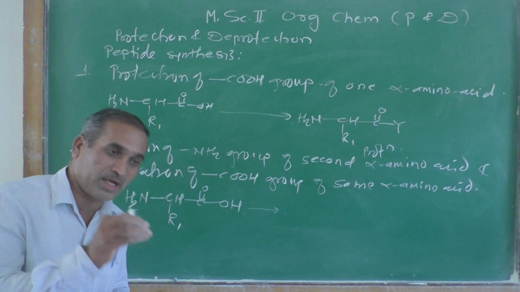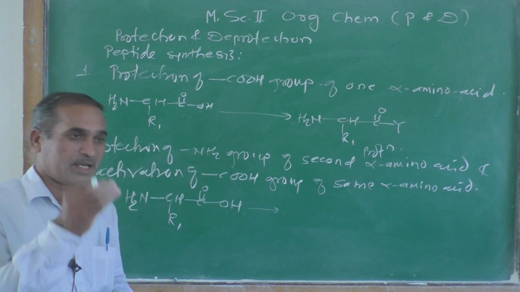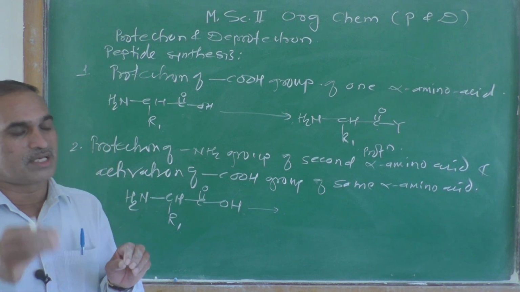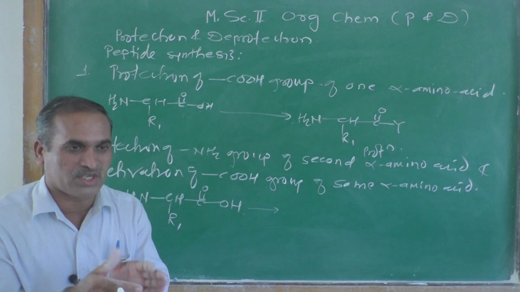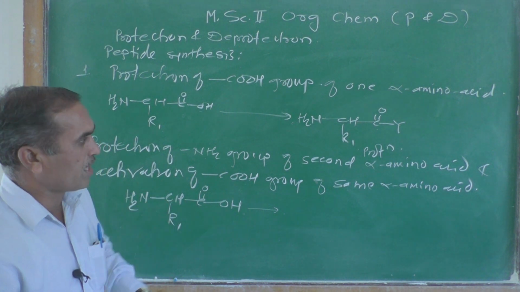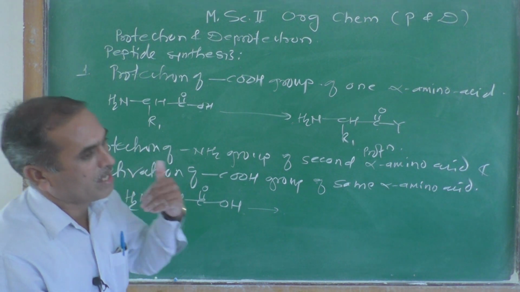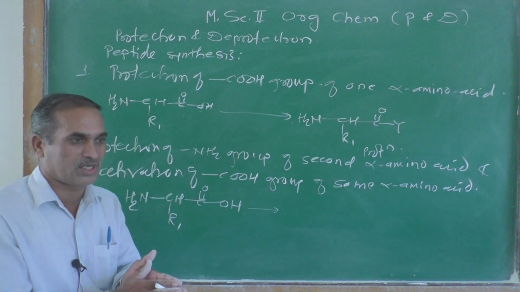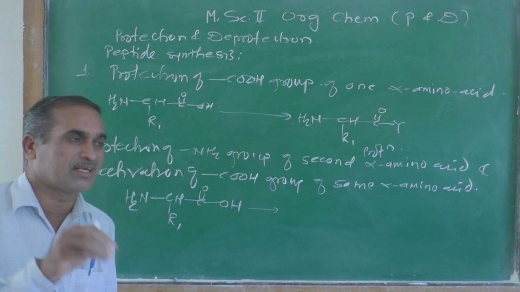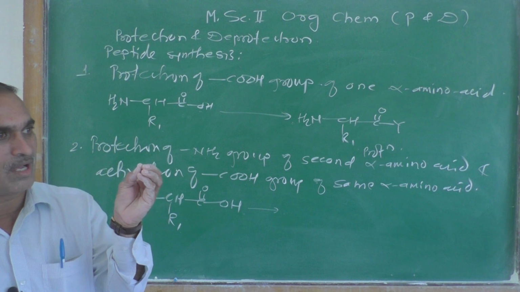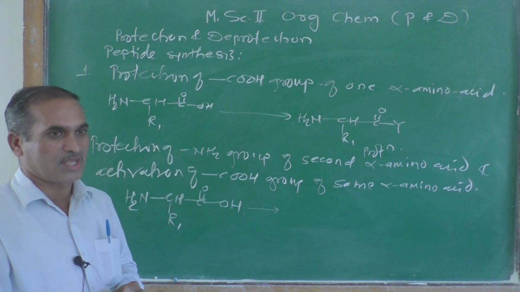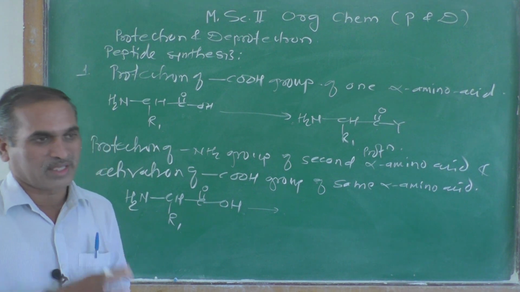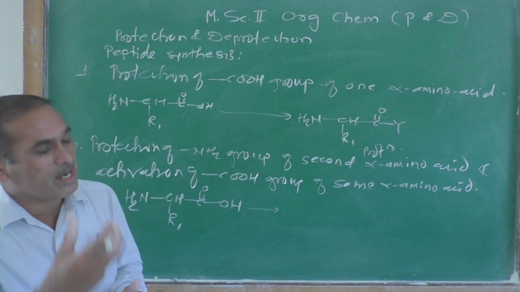When we are protecting that NH2 group, the reactivity of that NH2 group gets decreased, and we can carry out the reaction on the other reaction center to get the desired product.